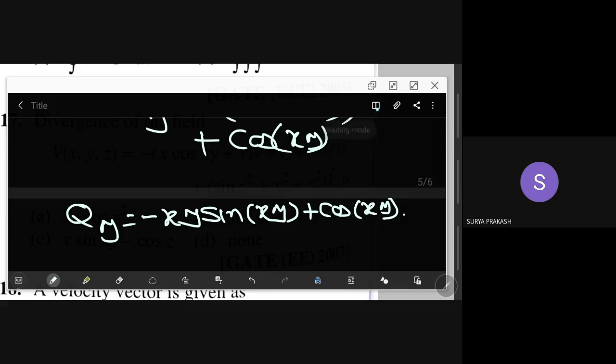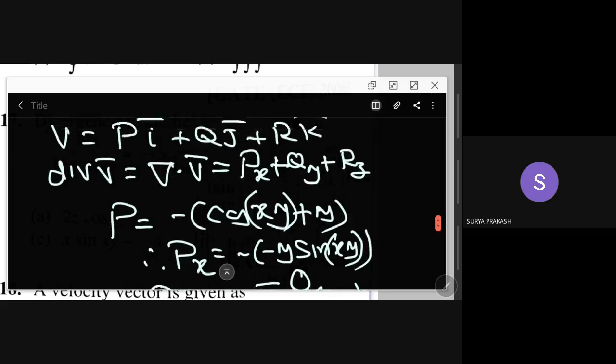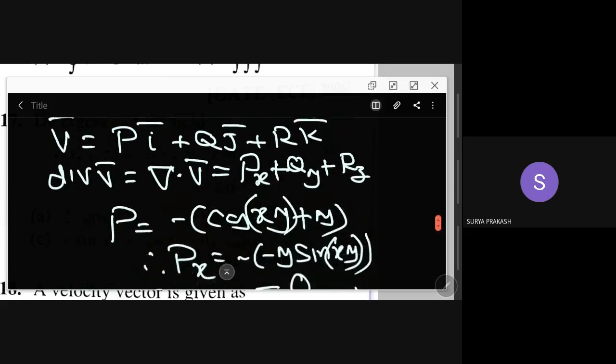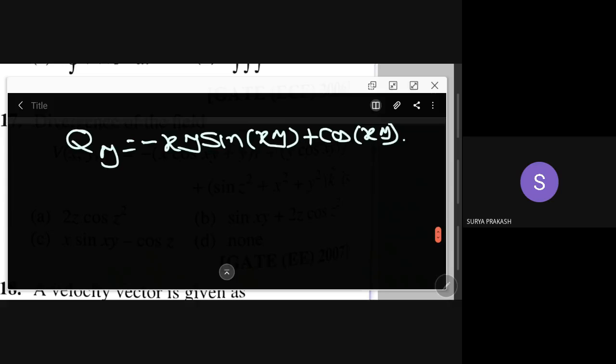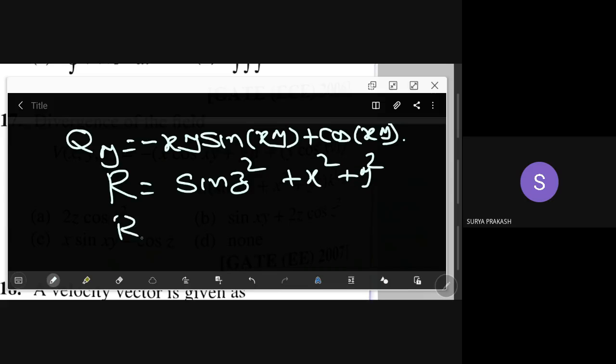Now we want Rz. What is our R? Before going for that, we need to know what R is. R is sin z square plus x square plus y square. So now I want Rz. Rz is clearly, sine derivative is cos, so cos z square, and z square derivative is 2z.